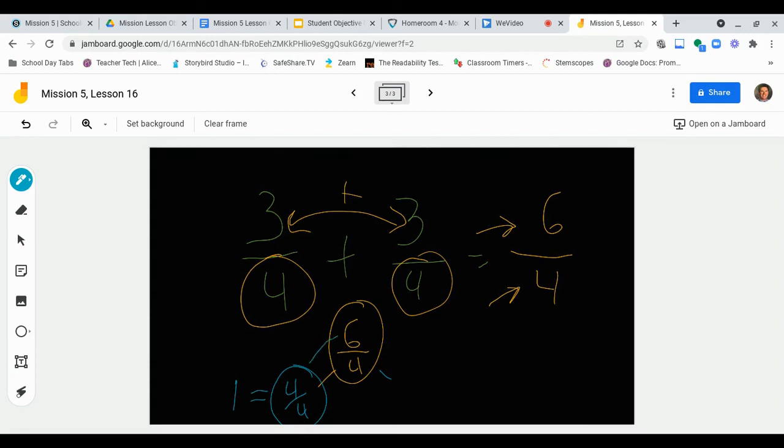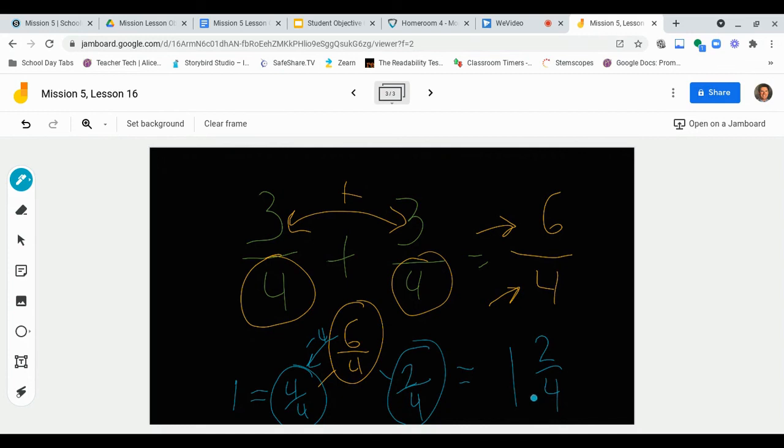I'm left with 6 minus 4, which is 2/4. So, okay, how do I rewrite this as a mixed number? Well, I have 1 whole and 2/4. So 1 whole, 2/4. And now it's rewritten as a mixed number. And it's called mixed because I have a whole number and I have a fraction.